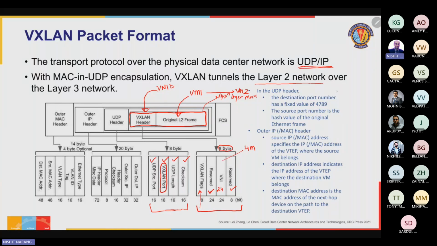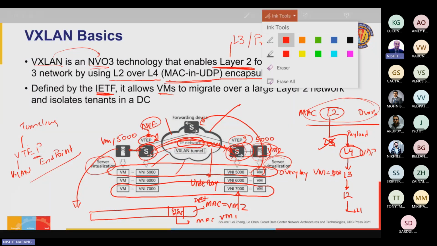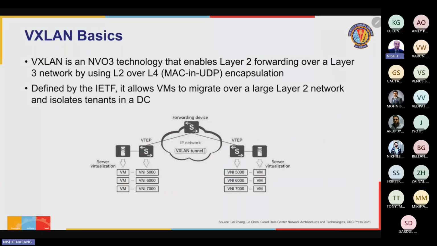So this is the first answer to the first part of your question, Jyoti. The destination port number used in the UDP header has a fixed value of 4789, indicating that when this packet reaches the destination, the UDP layer knows by looking at destination port 4789 that this packet is to be given to the VXLAN protocol.